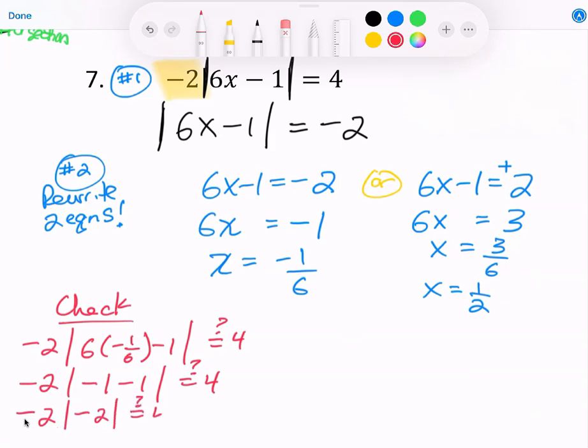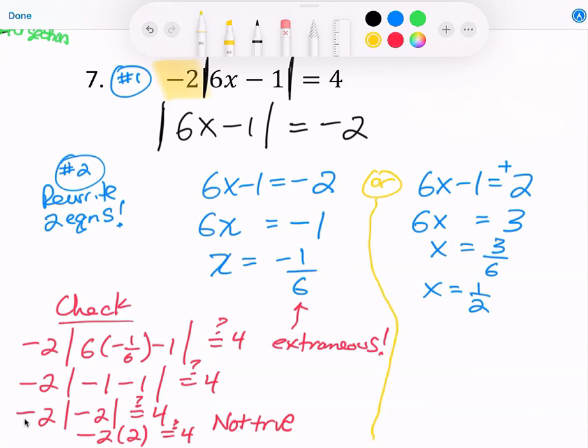Does that equal 4? The absolute value of -2 is +2. So we have -2 times +2. Does that equal 4? That is not true. -4 does not equal +4. So this answer we would say is extraneous. It looked like it was going to work, but it actually doesn't. It's not actually a solution.